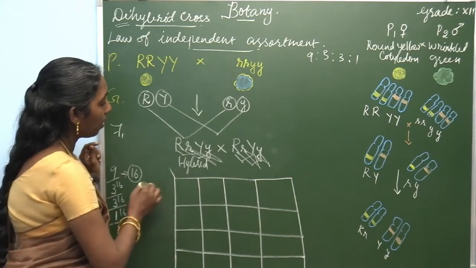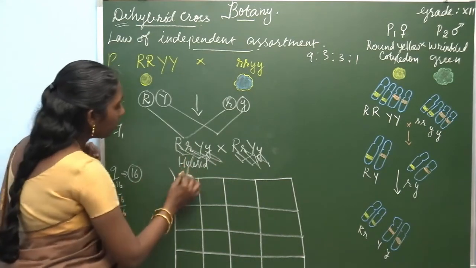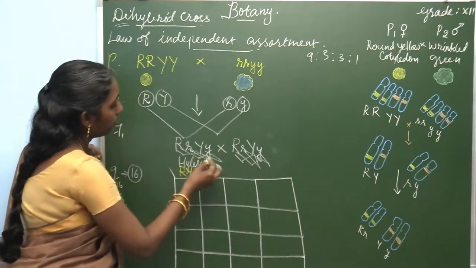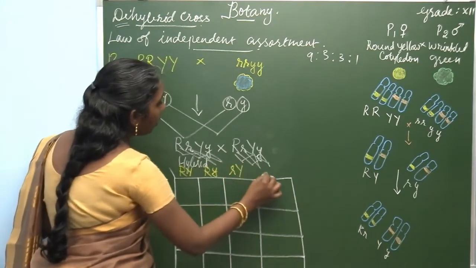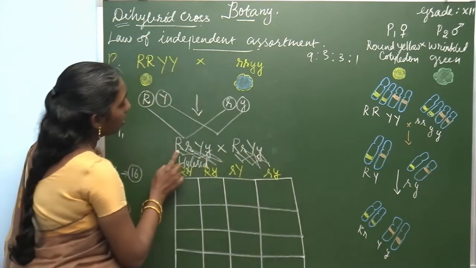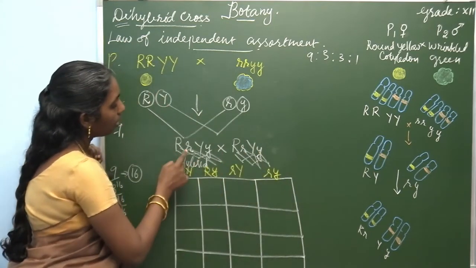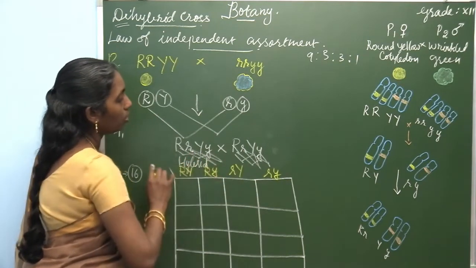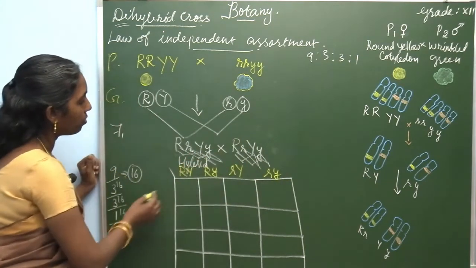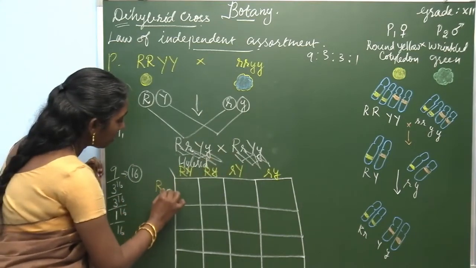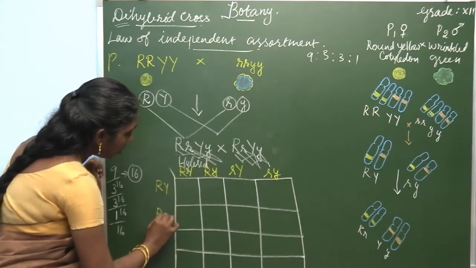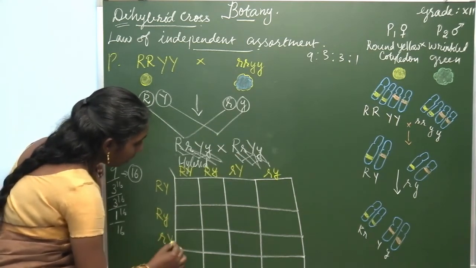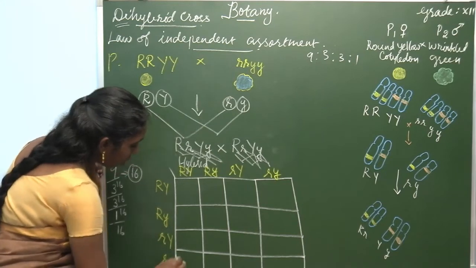What are the possible gametes? Capital R, capital Y, capital R, small y, small r, capital Y, small r, small y. In the same way, here also it produces capital R, capital Y, capital R, small y, small r, capital Y, small r, small y.